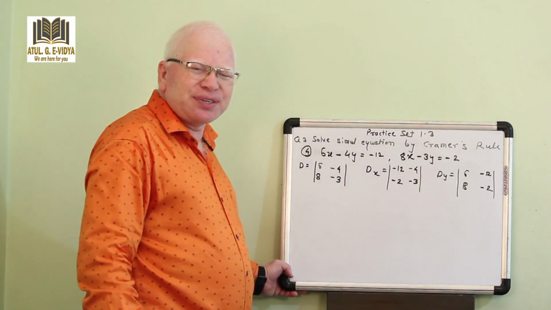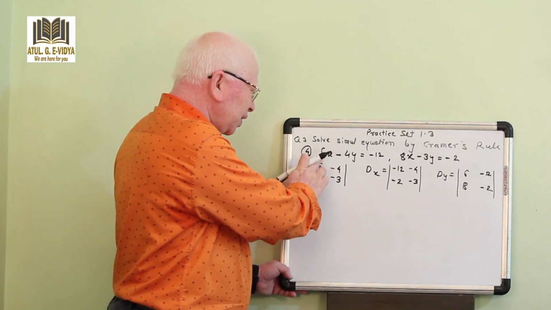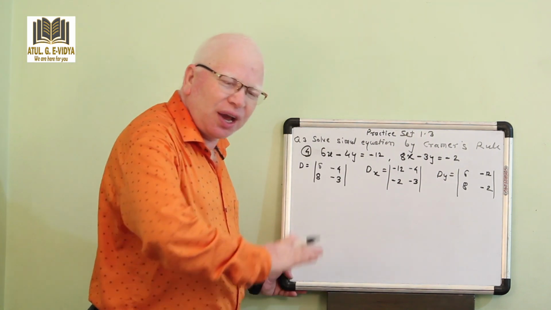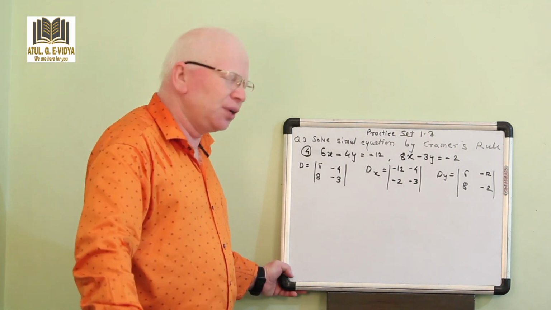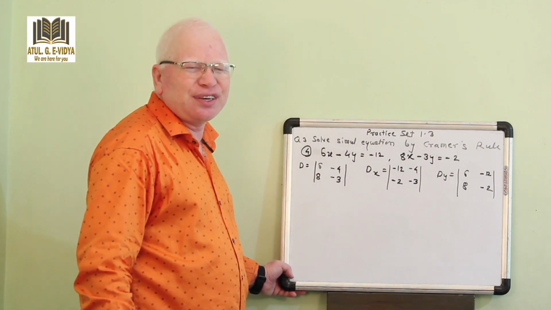I would like to summarize here, friends. For D, we have to take the x and y coefficients. For Dx, x coefficients are absent, and for Dy, y coefficients are absent. How easy?